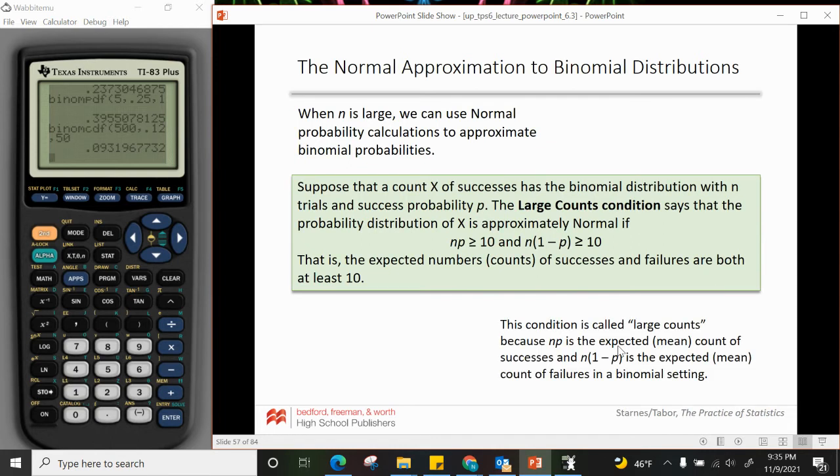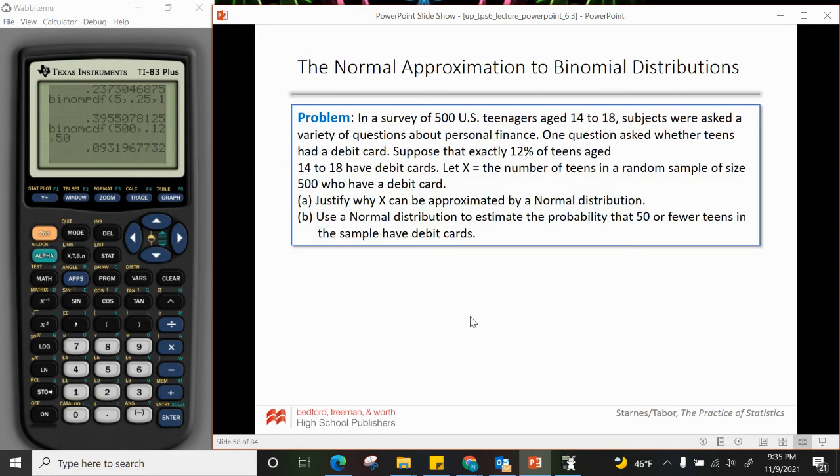And again, this is called the large counts because n times p is the expected value or the mean of the successes, and n times 1 minus p is the expected counts for failures. So they both have to be large enough to satisfy the approximately normal distribution. So let's take that problem where we found it happened about 9% of the time. Why can x be approximated by the normal distribution?